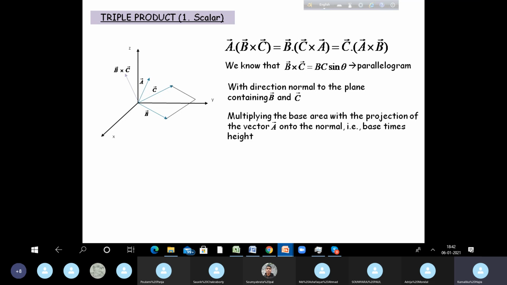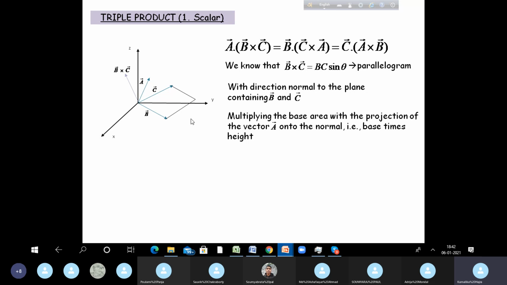Multiplying the base area with the projection of the vector A onto the normal. B cross C is the normal. So it is nothing but the height. Taking the projection of A onto B cross C will give you nothing but the height.